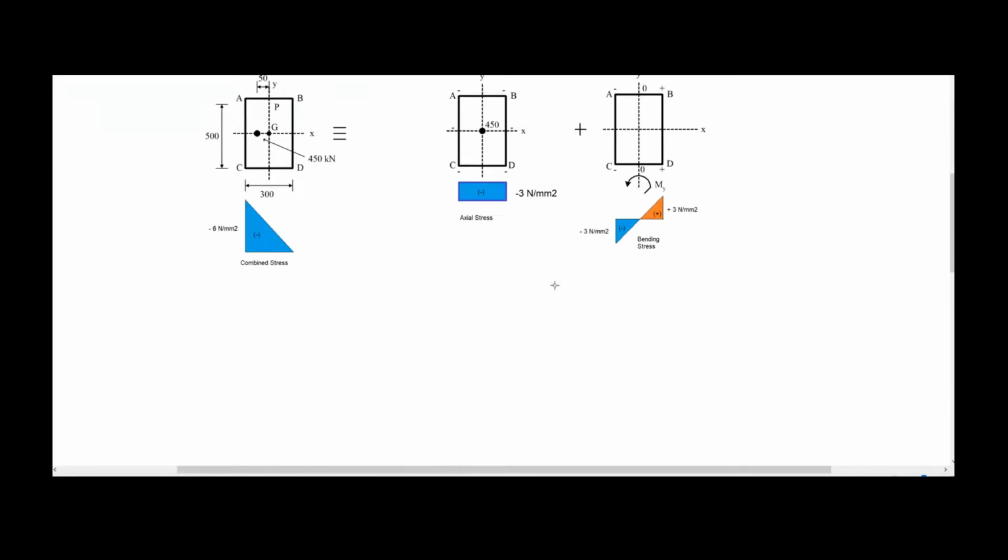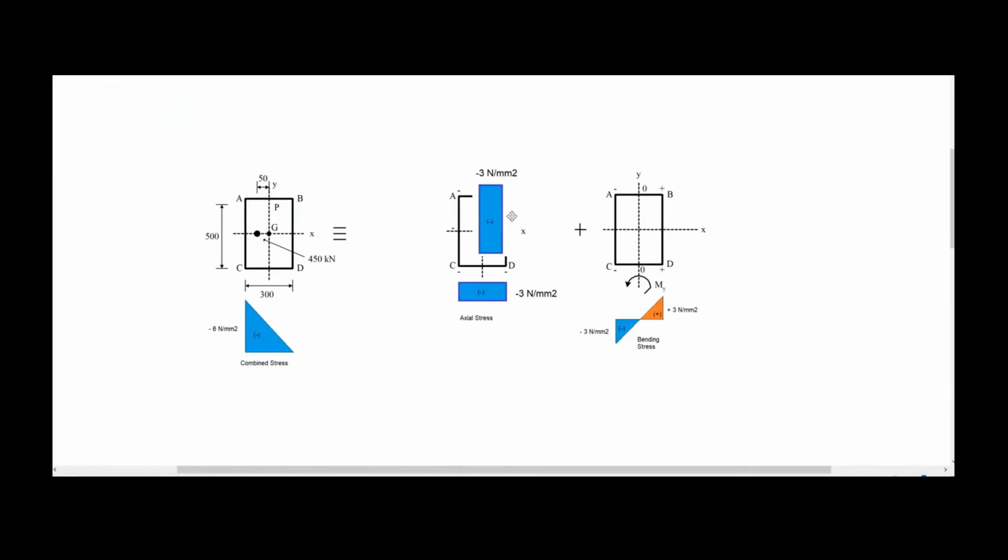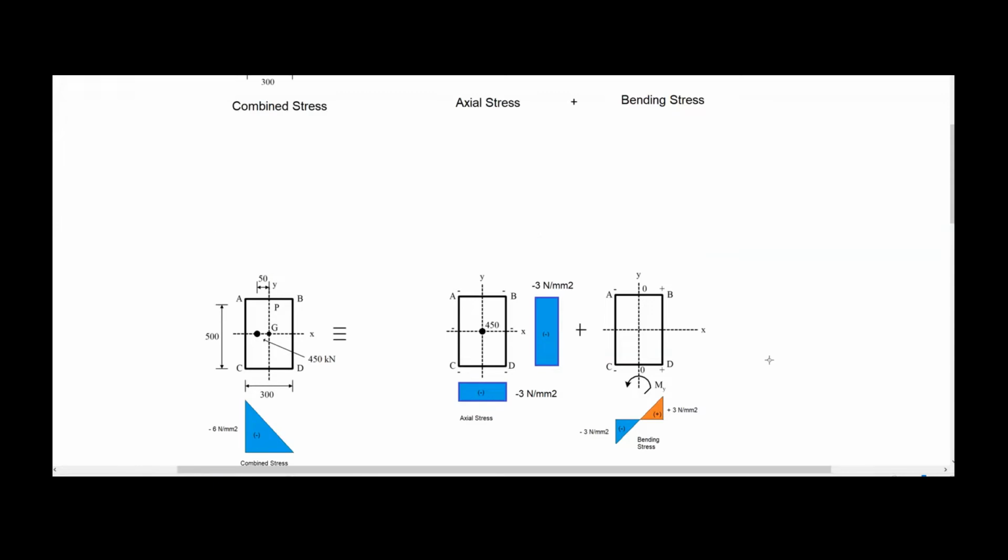So I will actually copy this one in here just to show one more time that the distribution of the axial stress is the same in every single point of the cross section. What happened with the moment around the axis My, because the eccentricity now is in this direction, is that it's producing compressive stresses in this half of the cross section, and tensile stresses on the other side of the neutral axis, because the neutral axis is vertical on this occasion.